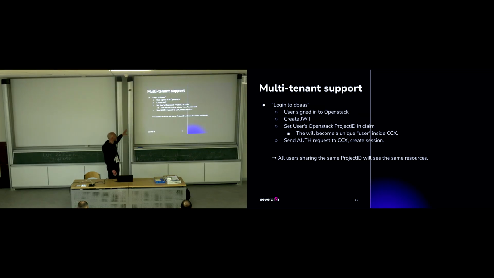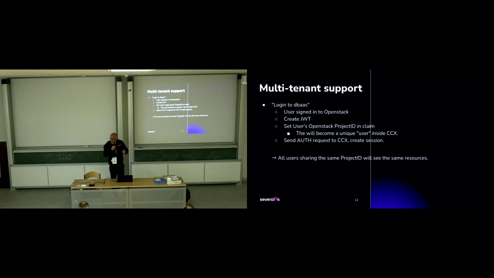So we do also have multi-tenant support, and we are leveraging JWT for that. The important thing here is that your users will be logged in somehow on your OpenStack or Horizon platform, so they are authenticated in your platform already, right? So in your Horizon, you could literally create a button called DBaaS.